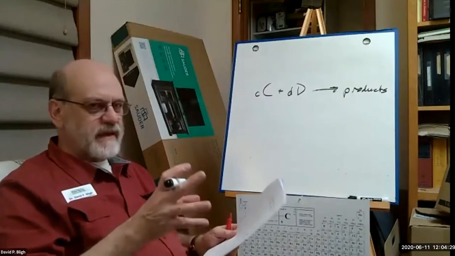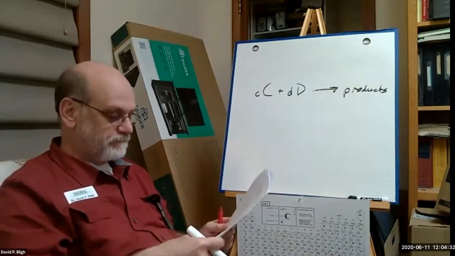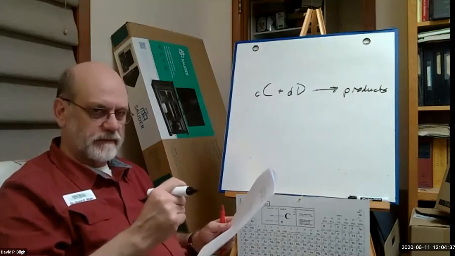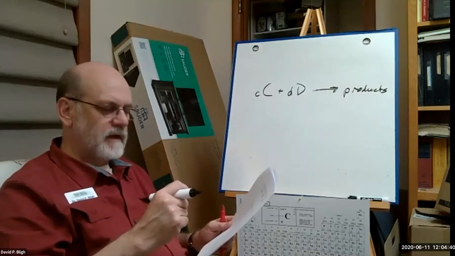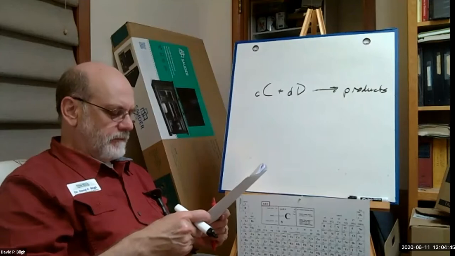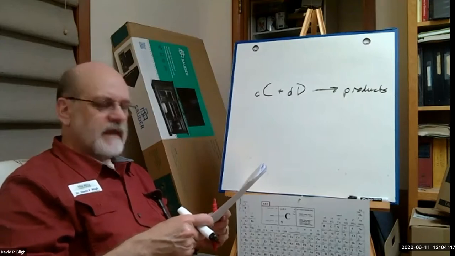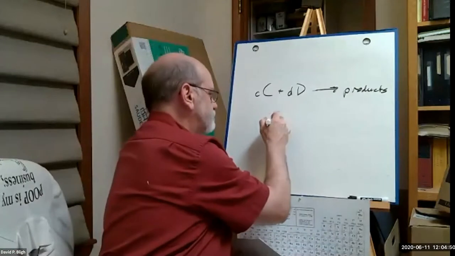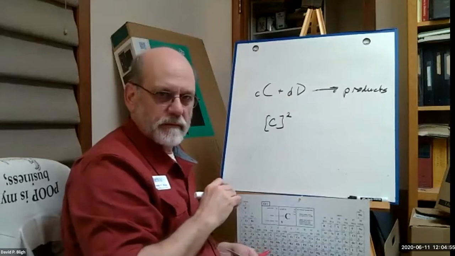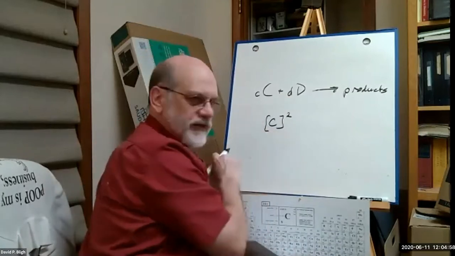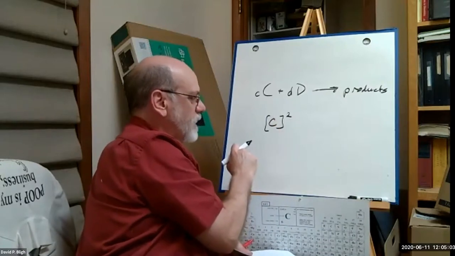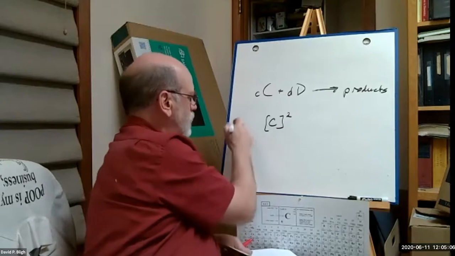Now, part B of 6 is the tricky one. What would happen to the rate of reaction if only the concentration of C were doubled? Right. So, if the order of C is 2, and you double C to where it's twice what it is here, what happens to the rate?